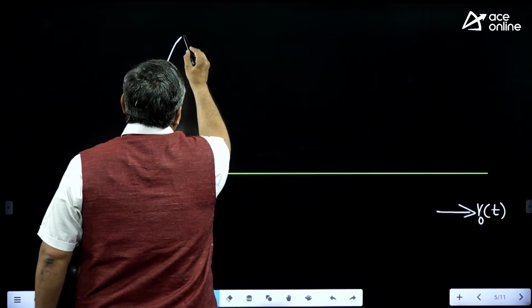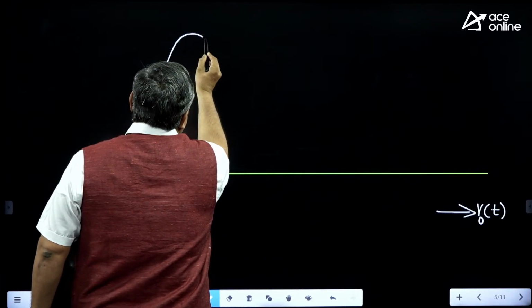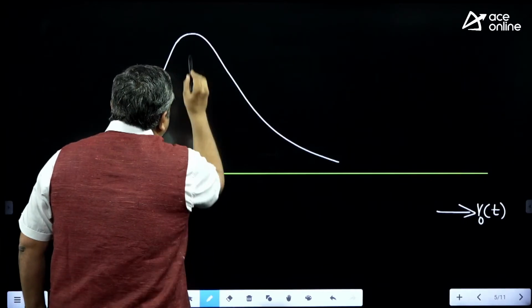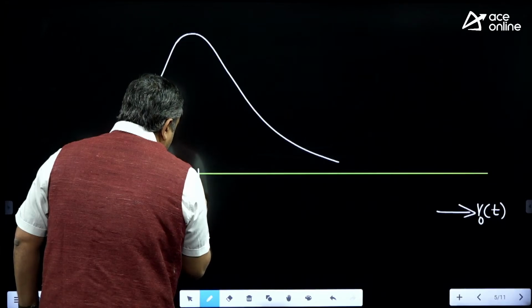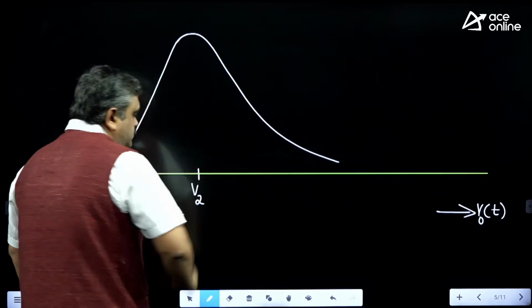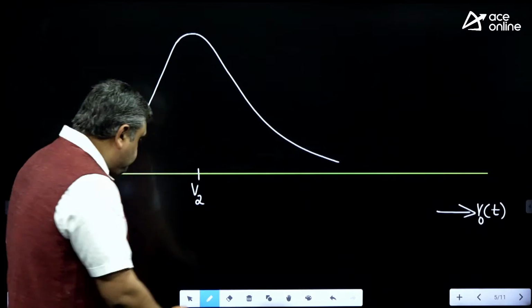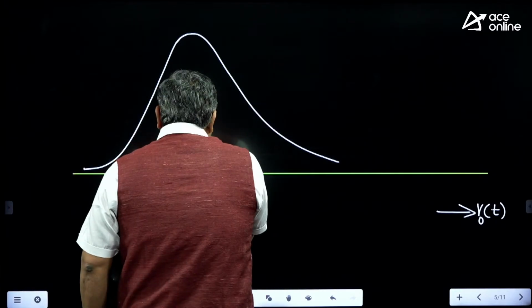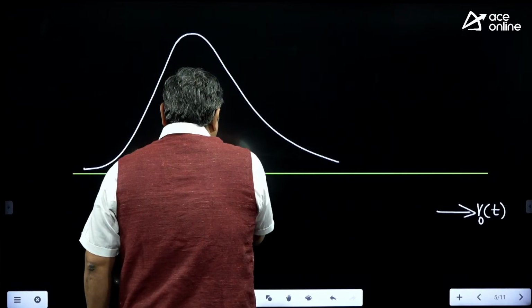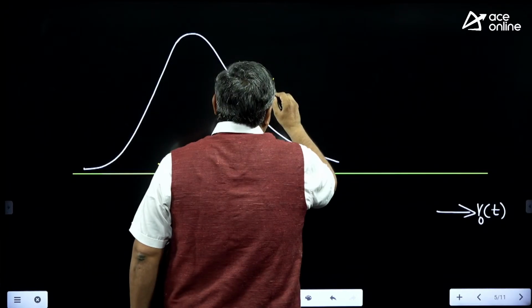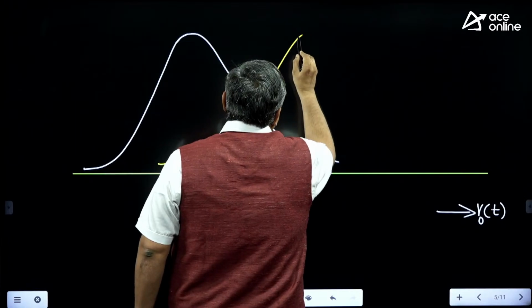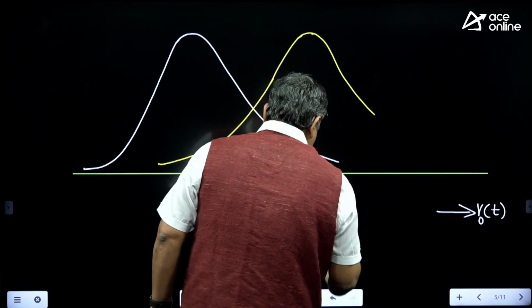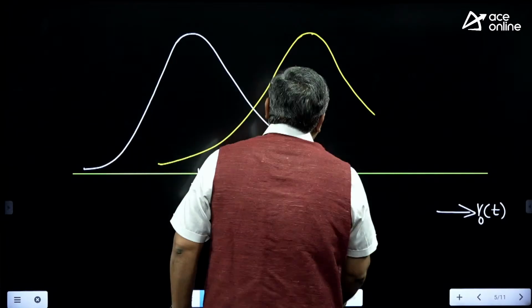So let me take a Gaussian function. Let me consider it is having a value of mean equal to V2, just for example. Now, I will take another color. You are having one more Gaussian function whose value of mean happens to be V1.